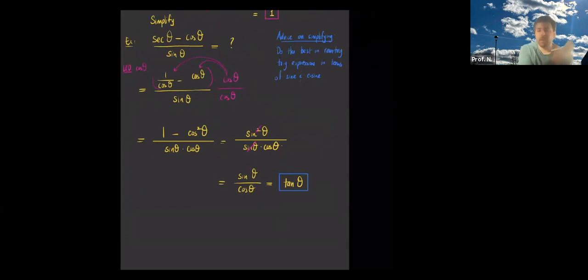But look what I was able to do. I was able to go from a seemingly complex fractional trigonometric expression, and I did a bit of algebra, just a bit, using complex fractions, and I was able to get tangent theta at the end.